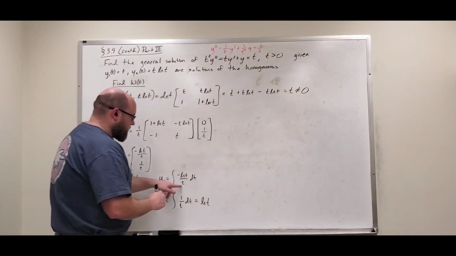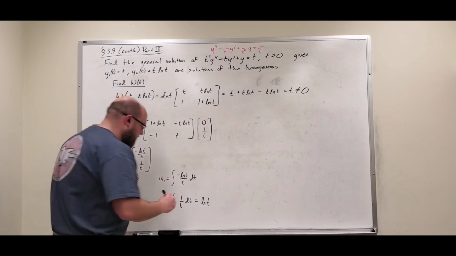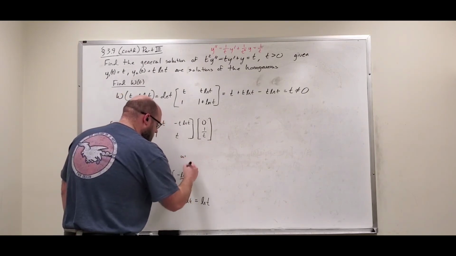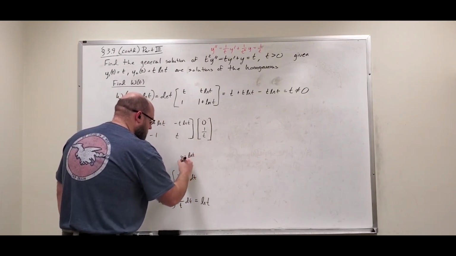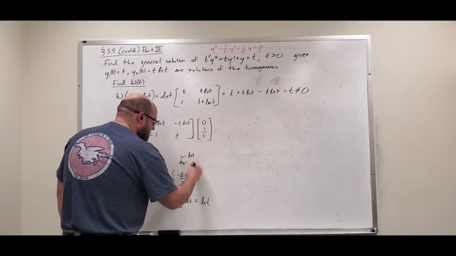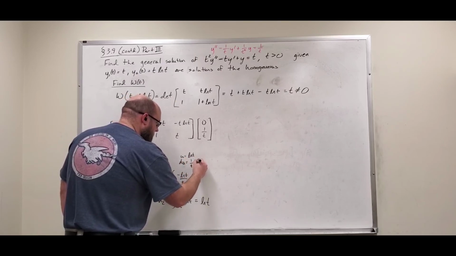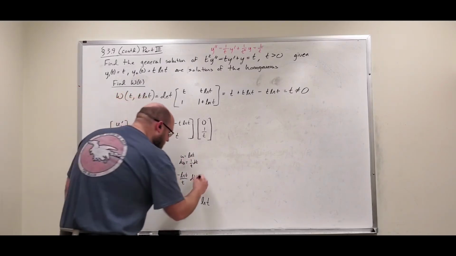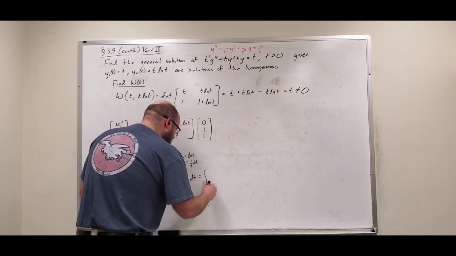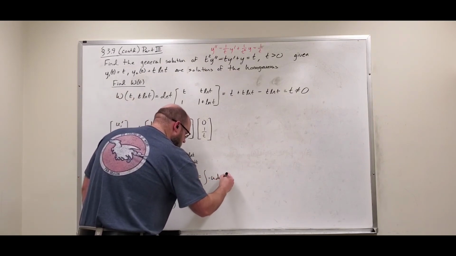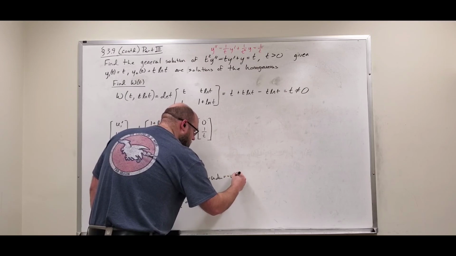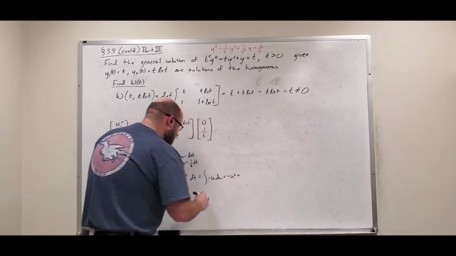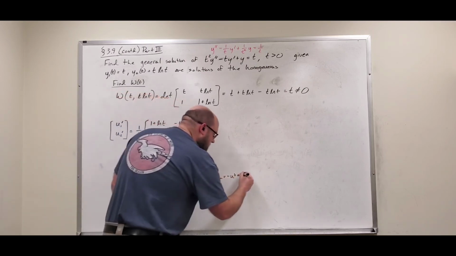And then for this one, this is a nice u substitution. I'm going to let u equal natural log of t, so therefore du is equal to 1 over t dt. So there's a nice cancellation right there. So we get the integral of negative u du.